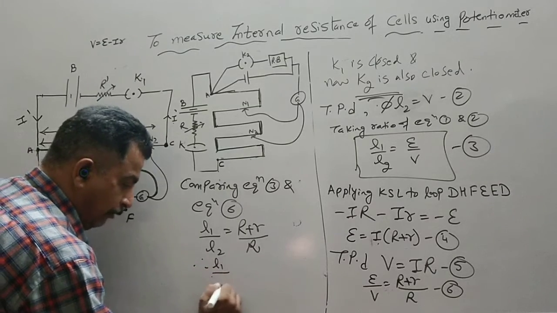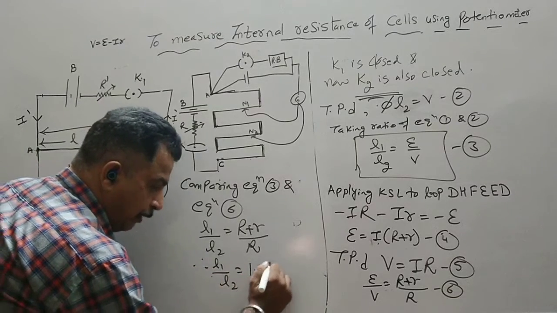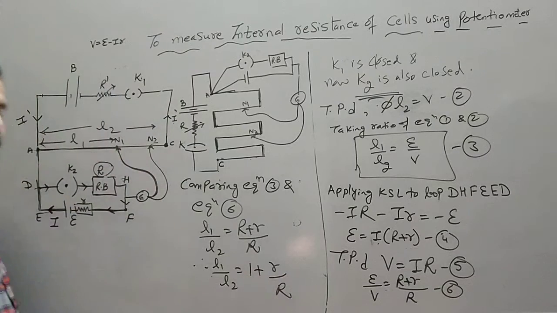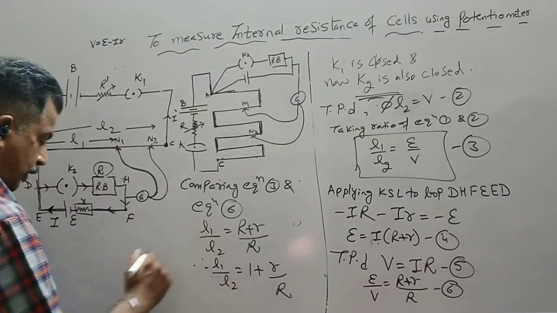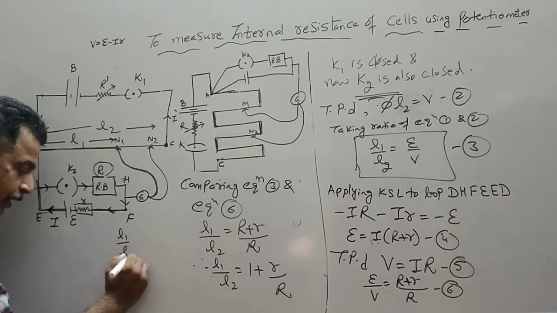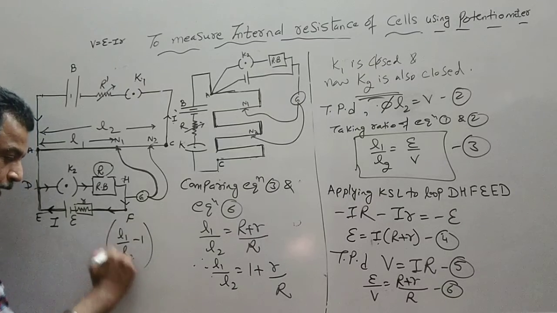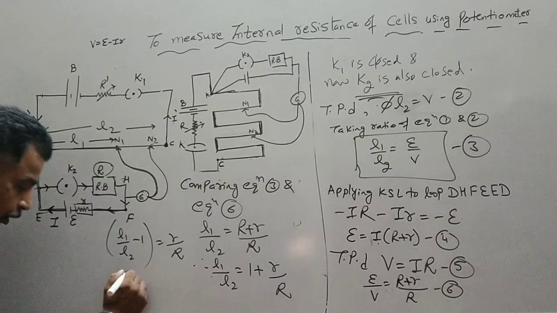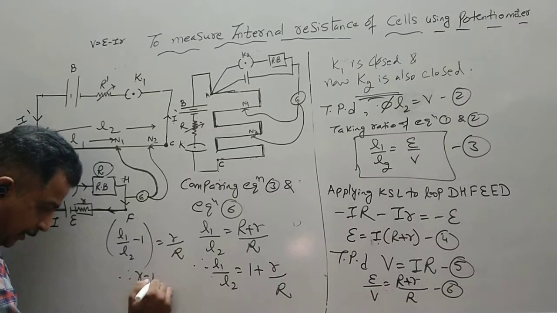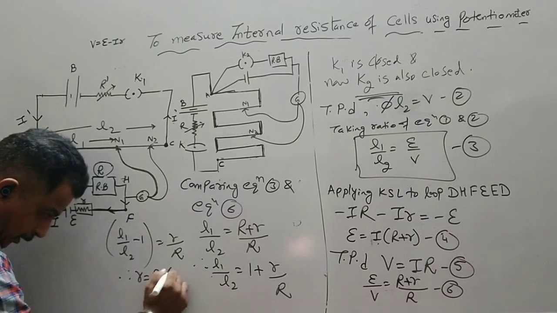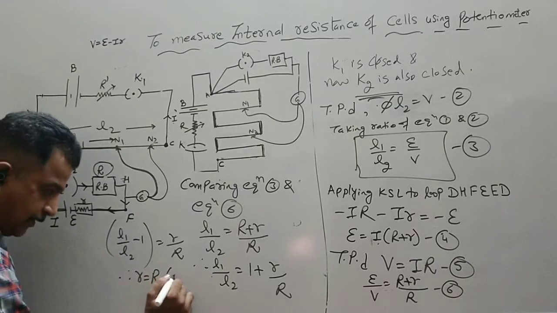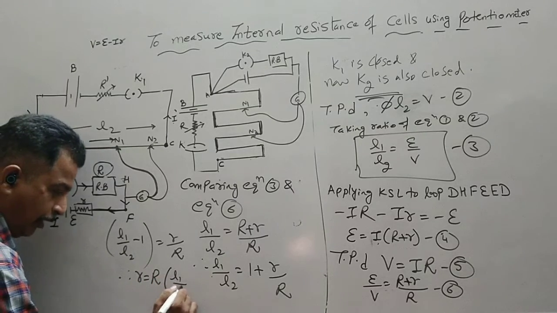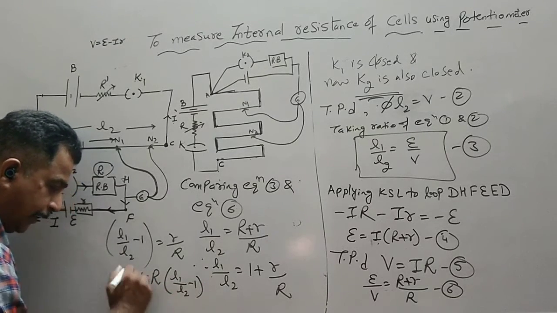Therefore, L1 upon L2 is equal to 1 plus r upon R. This can be brought to this side, so L1 upon L2 minus 1 is equal to r upon R. Therefore, internal resistance r is equal to R into L1 upon L2 minus 1.